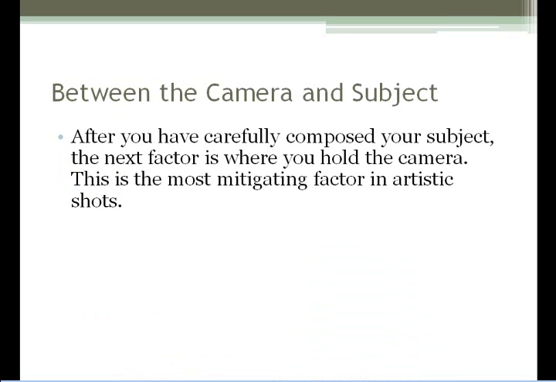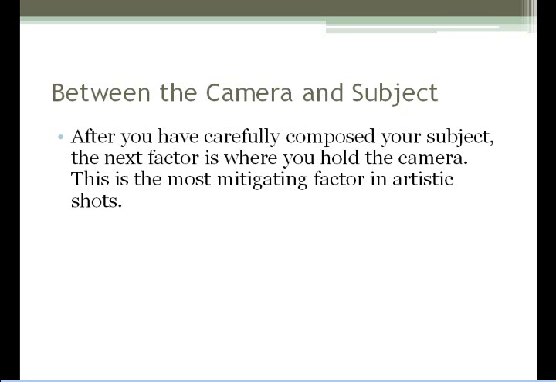Between the camera and the subject. After you have carefully composed your subject and done all these things we've just talked about, the next factor is where you hold the camera. Now you've got the subject all perfect, but now you need to decide where the perfect placement for the camera and the lens itself is.